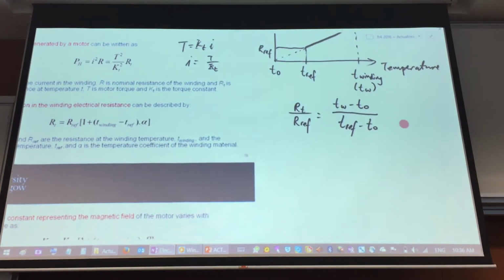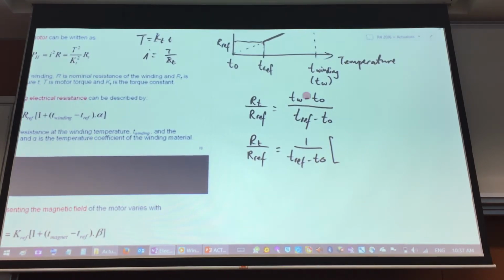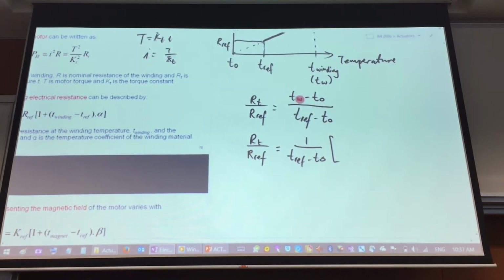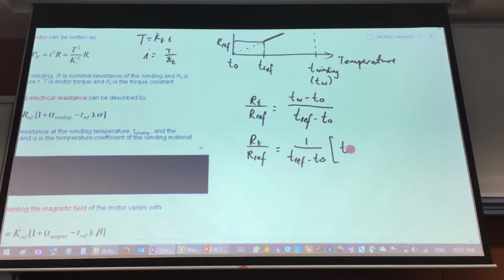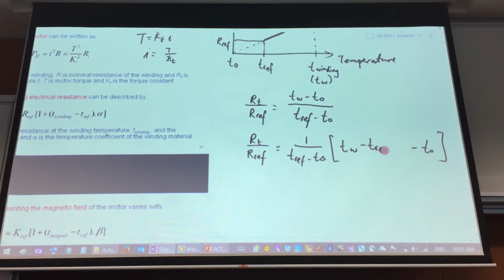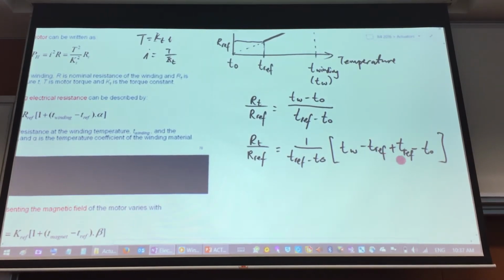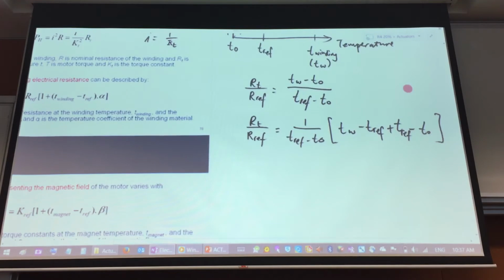So if I were to solve this, RT over R ref, taking out the common factor, 1 over T ref minus T naught, bracket, and whatever is left inside, TW minus T naught, I'm going to fill in something in between, minus T ref plus T ref. So I'm not changing anything. Why do I do it in this way? There are some reasons for that.